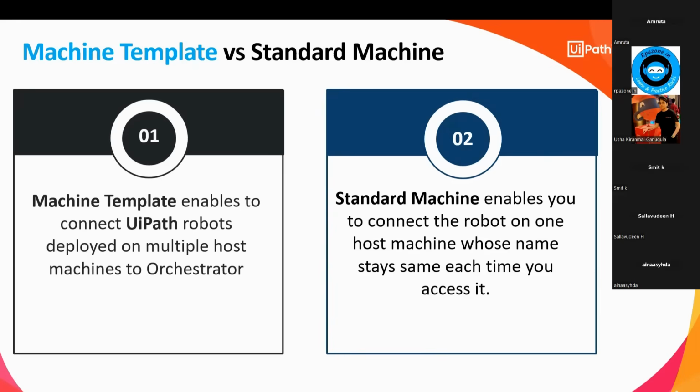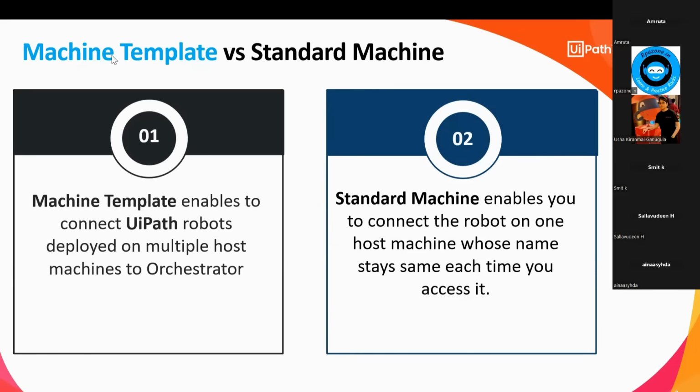I'm repeating one more time. The machine template is for when you are not sure from which machine you are going to connect to Orchestrator every time. The example is I have server 1, server 2, and server 3. Day 1, I will be connecting from server 1, day 2 from a different server, and day 3 from a different server, so every day I'm not connecting from the same server.